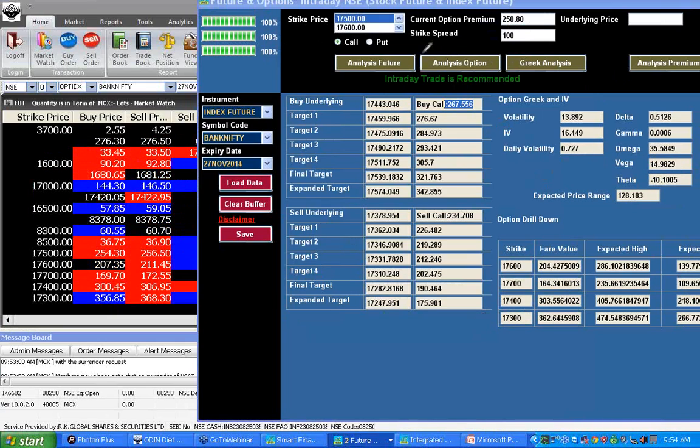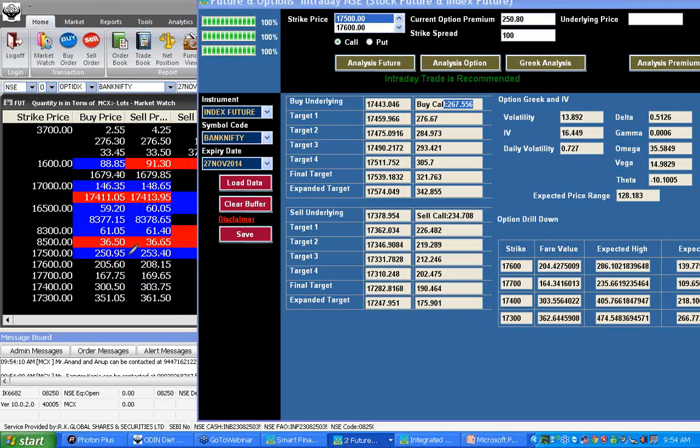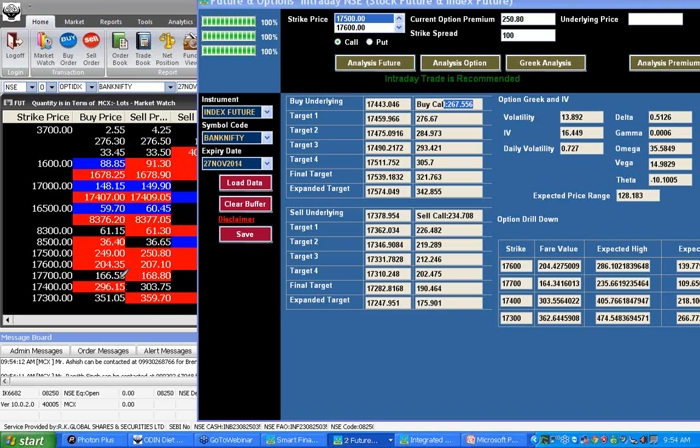Currently at the 250 reference you have taken, 54 it has become. It is trading at almost the 250 level. The 17,600 call option, 204 is the value. It is almost at a fair value.